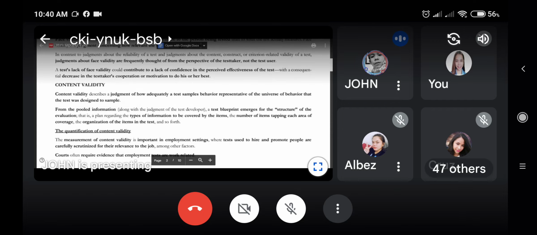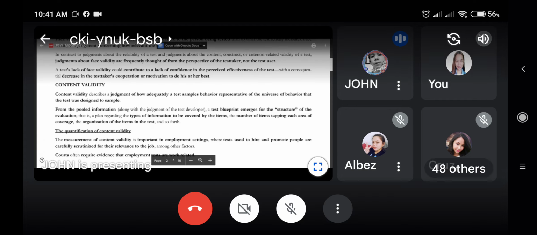Di ba makikita nyo then that I need to make a 60-item test for midterm. I need to make 10 items coming from module 4, 20 items for module 5, 20 items for module 6, and 10 items for module 7. So that's how it should go.